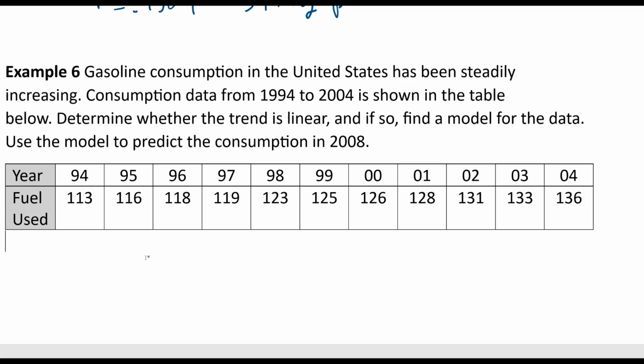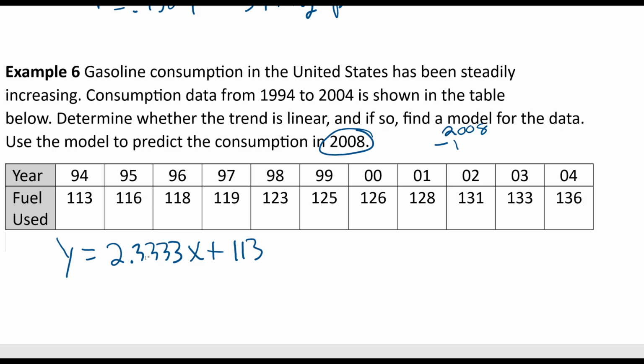So let's go back here. Y equals 2.3333x plus 113. So if we look at 2008, how many years later is that? 2008 minus 1994. That looks like it's going to be 14 years. We look at y equals 2.3333 times 14 plus 113.